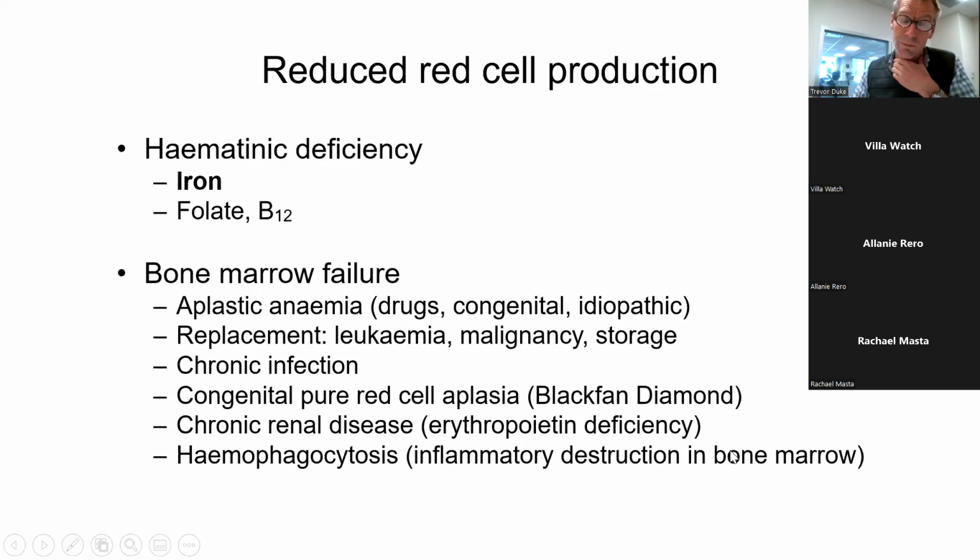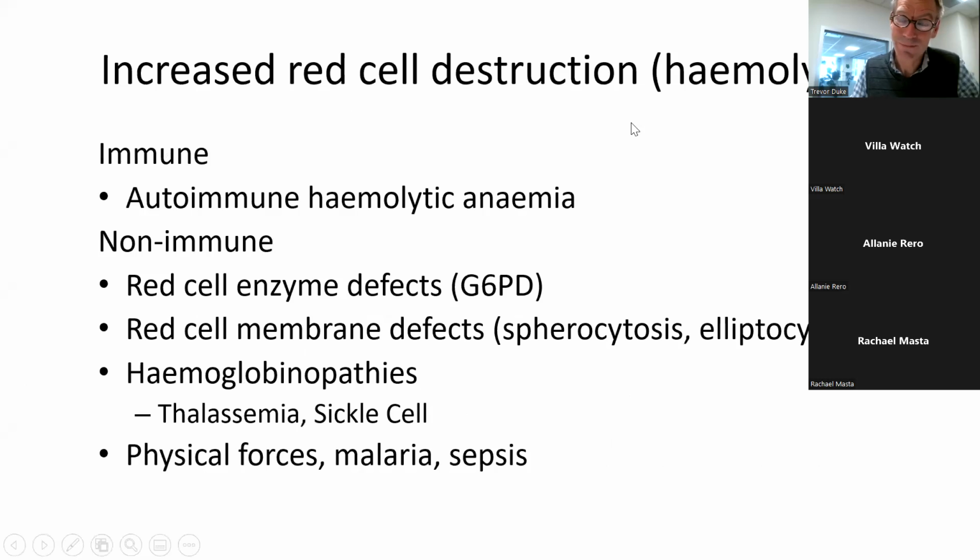There can be inflammation in the bone marrow too, and the bone marrow might be producing lots of red cells, but they're being destroyed by this inflammatory macrophage-related process in the bone marrow. Don't worry too much about all that, but try to identify the children that have reduced red cell production from hematinic deficiency or from bone marrow failure. And I'll try to give you an easy way to make that distinction in a minute.